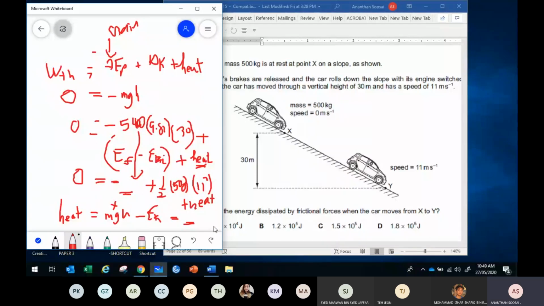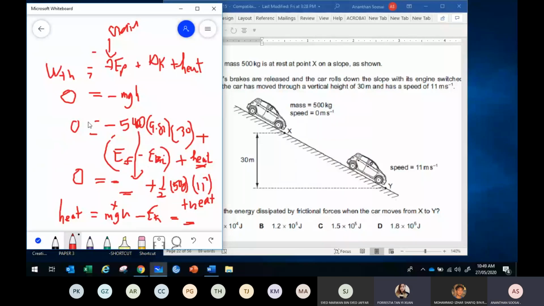Okay, please calculate, those who got a different answer. You got B? Okay, you get B. MGH, how did you get it? 500 times 9.81 times 30. How much do you get? MGH is 147150.